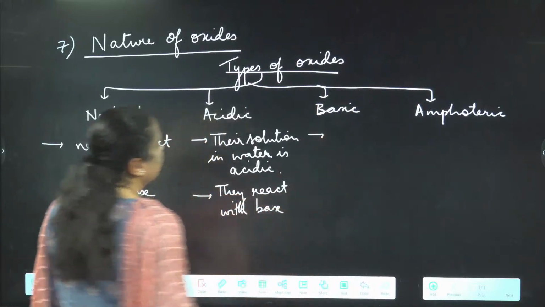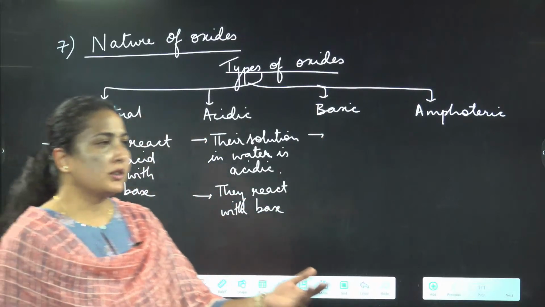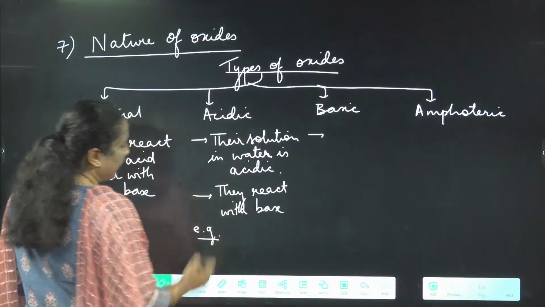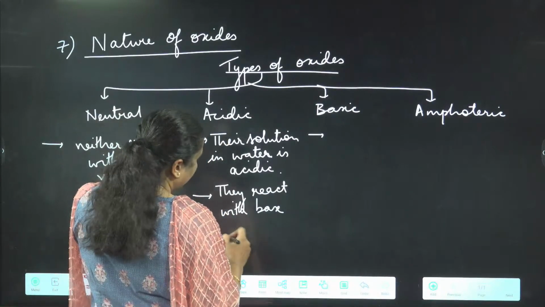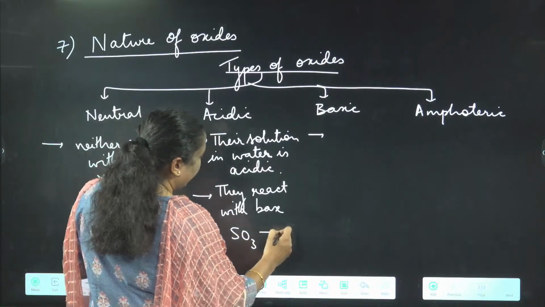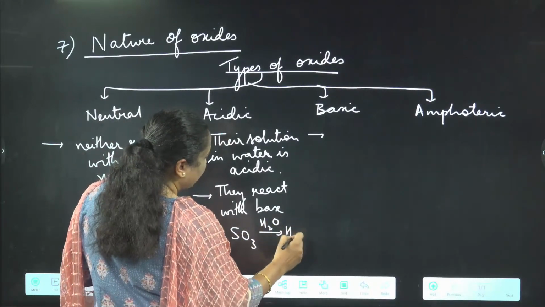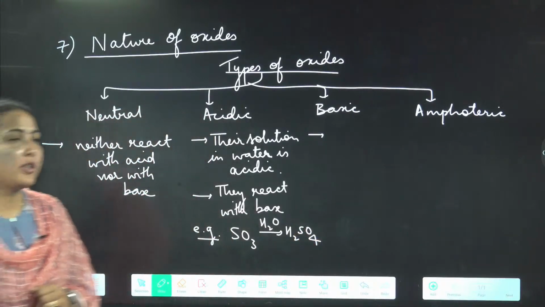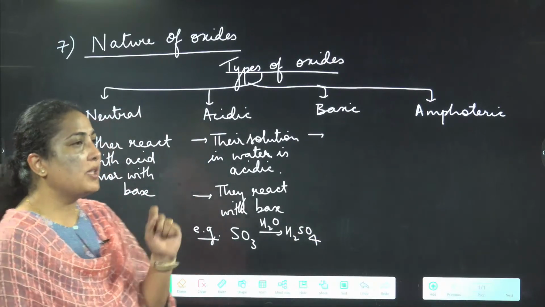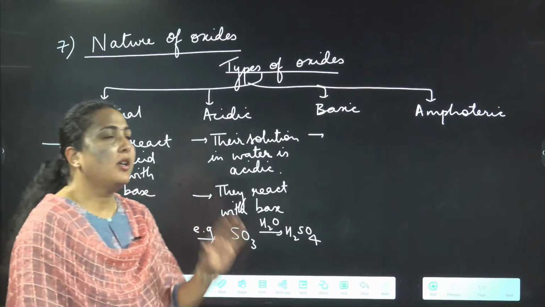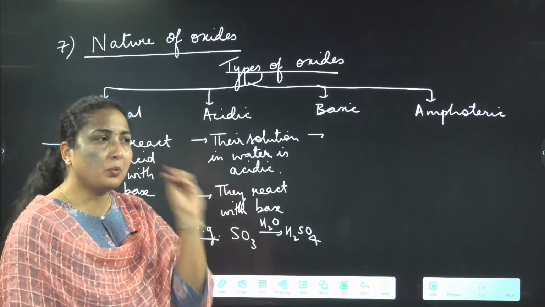For example, if I take SO3 and put this in water, it forms H2SO4. So SO3 plus H2O gives H2SO4. Generally non-metallic oxides are acidic. I'll give you a list, do not worry about that, but at present I'm just taking one example.